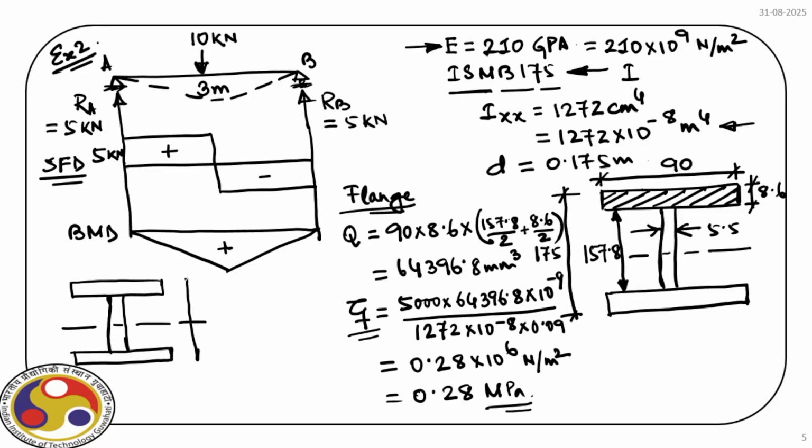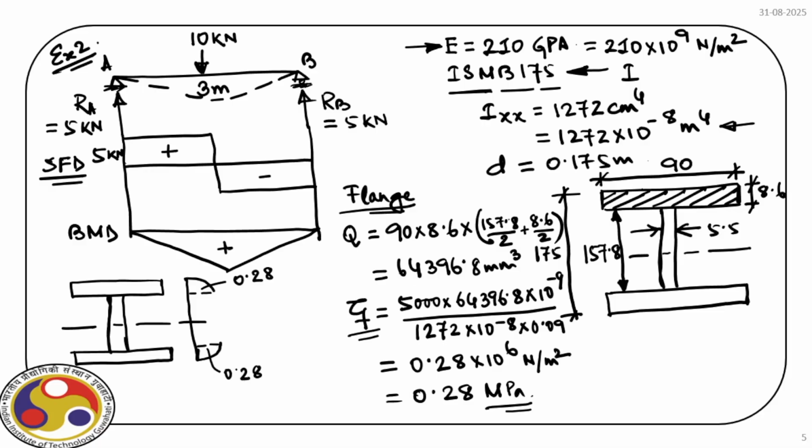So at the top we have 0. Similarly at the bottom we also have 0, and then at the base of the flange, this is 0.28 MPa. It is symmetric, obviously we'll have the same value here also. So this is 0.28 MPa.